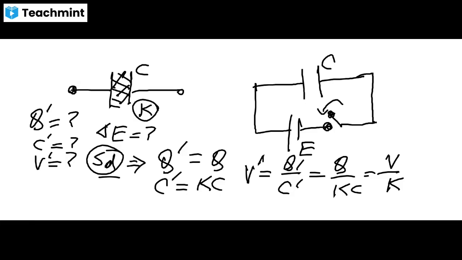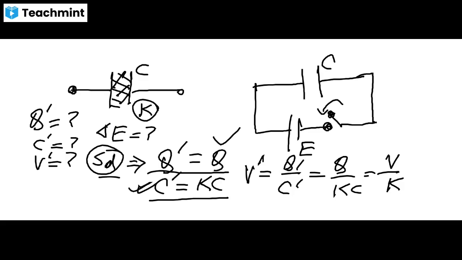After disconnecting the capacitor, if you fill the region between the plates with dielectric constant K, then as the system is isolated, the charge has no option to move, so the charge remains the same.